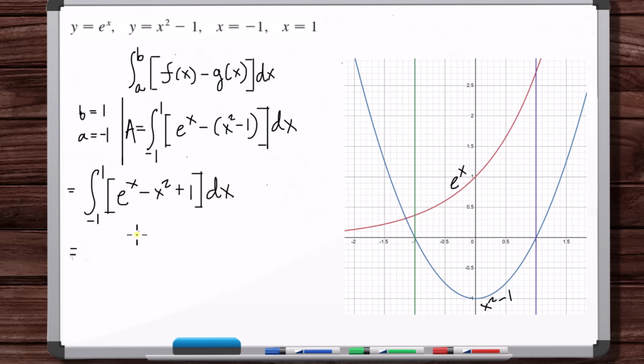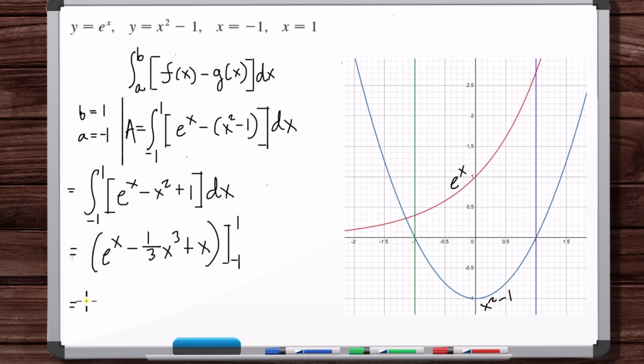Okay, so let's do the integration. So we've got e to the x minus 1/3 x cubed plus x, going from -1 to 1.